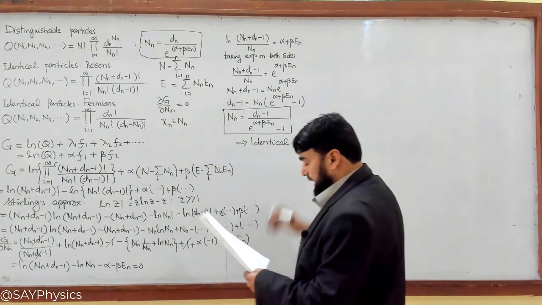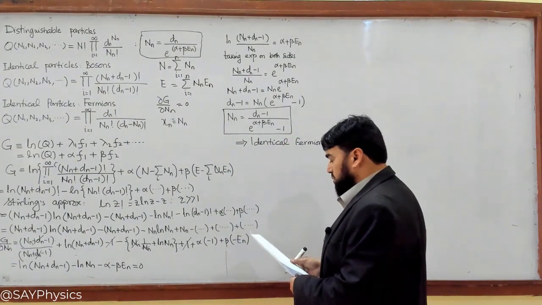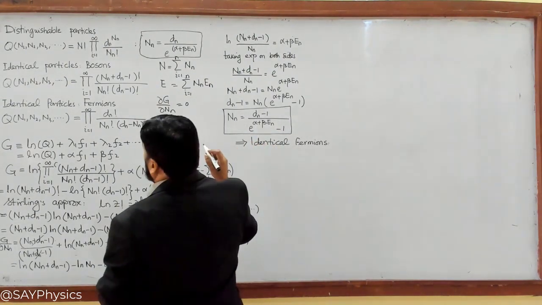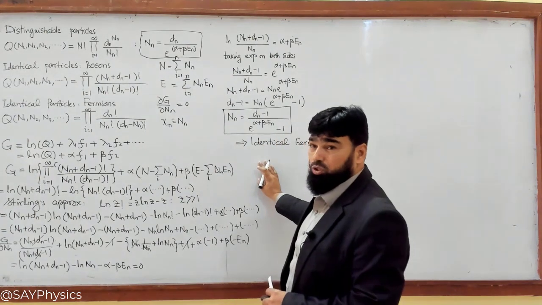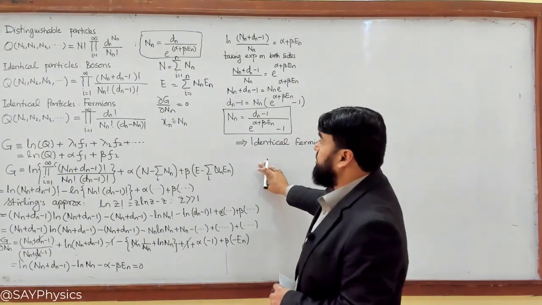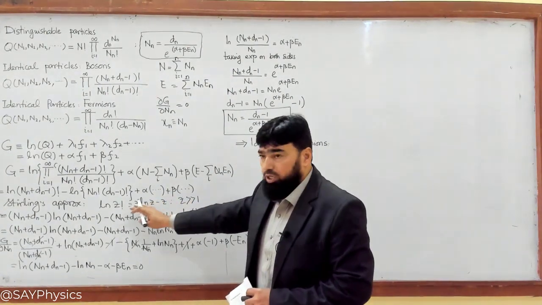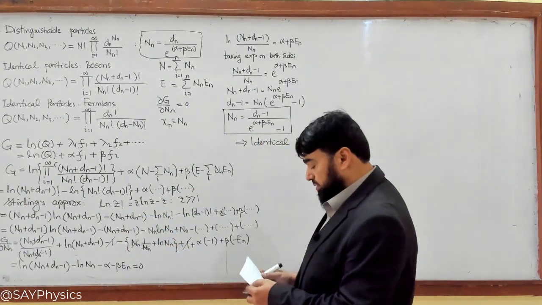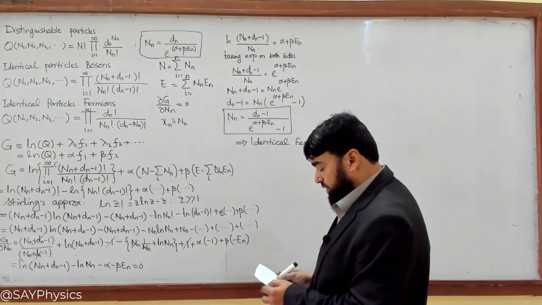So here I will just go on with the Q, and we will skip some steps because it is not that difficult, just the application of the log and then taking the exponential and then rearranging the terms, and we will get the relation.